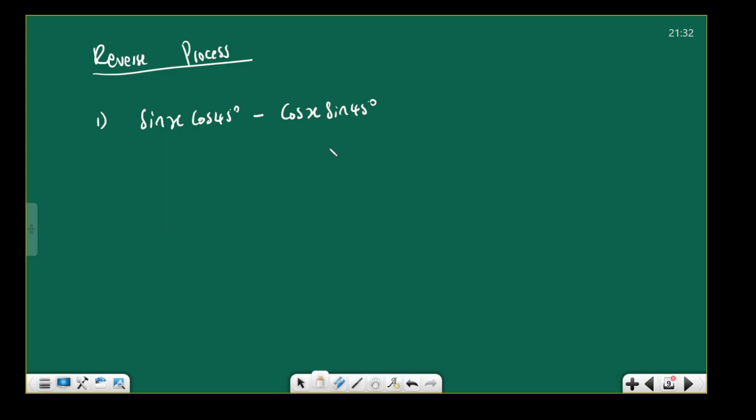The reverse process is condensing. You need to condense this into one single trig ratio. How you will see it is all the time: if you have sine multiplied by cos and then cos multiplied by sine, you know you're going to be doing this. Or if you happen to have cos times cos and then sine and sine separated by that.